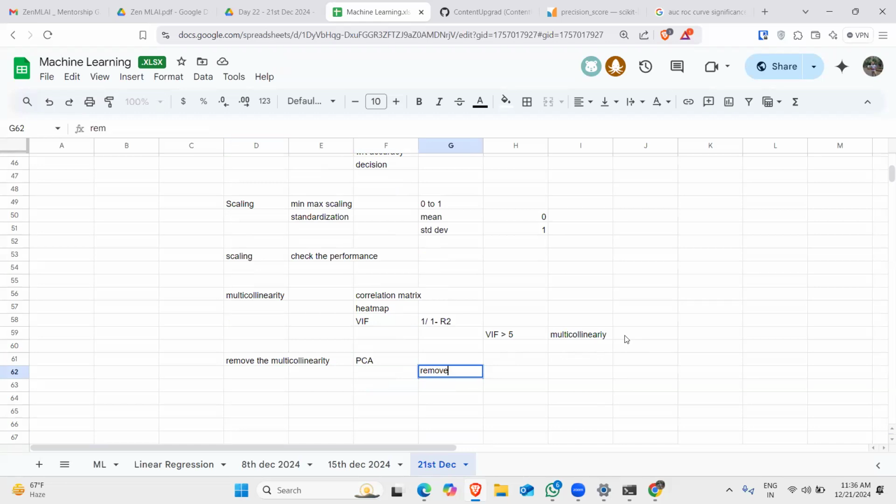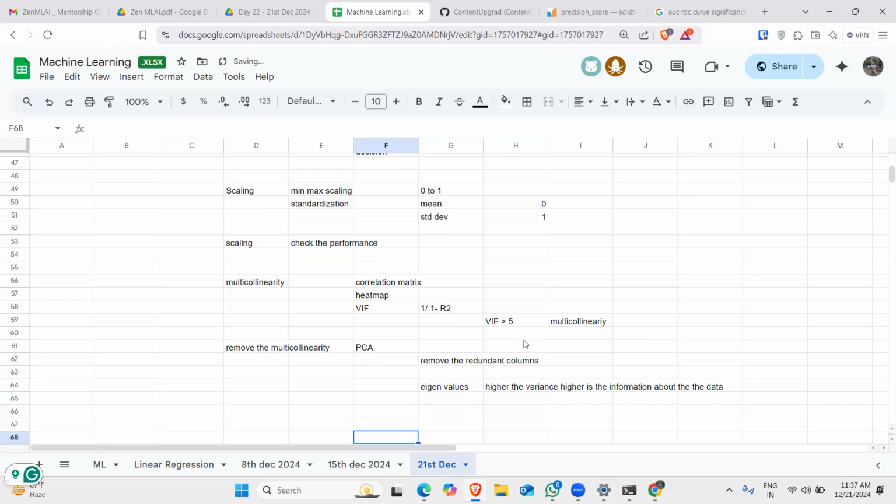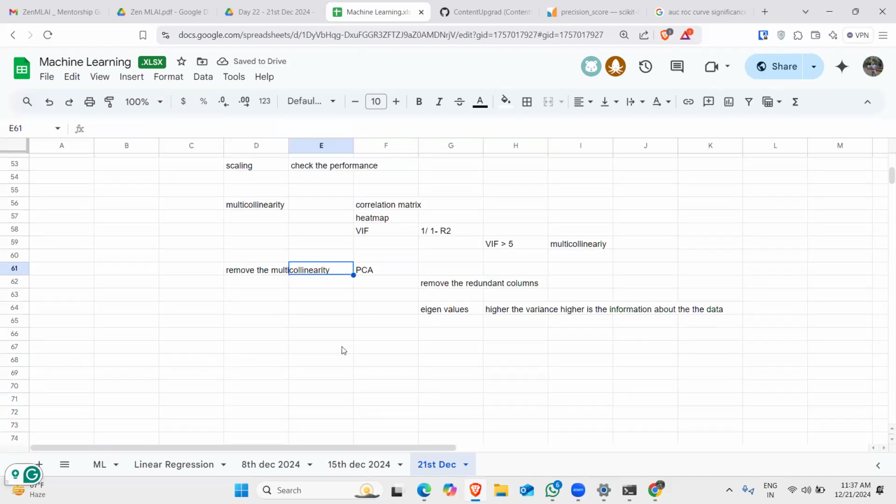We remove the redundant, unnecessary columns by creating a different vector space using eigenvalues and that kind of thing. The logic here is: the higher the variance, the higher the information about the data, right? So we drop the variables which do not give us important information about the data.